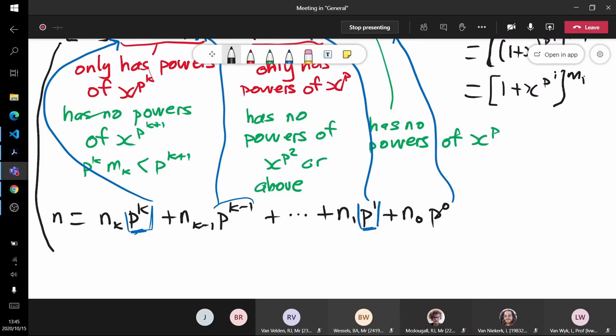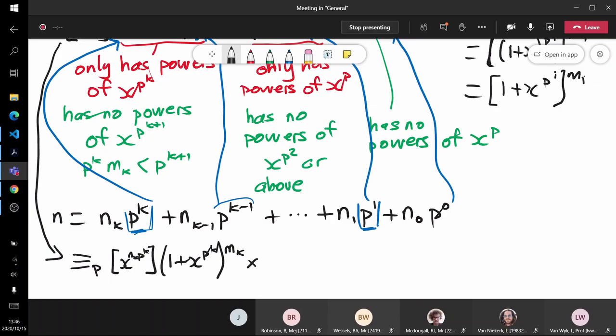So continuing on from our original calculation, that's going to be congruent, or actually equal, but I'll say congruent mod p, to the coefficient of x to the p to the k in (1 plus x to the p to the k) to the power of m_k. Actually, I made a little mistake here. It should be x to the n_k times p to the k.